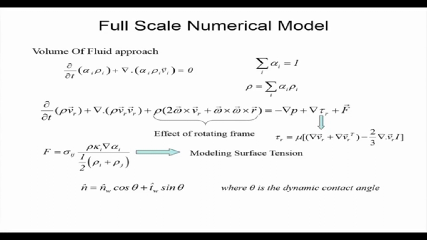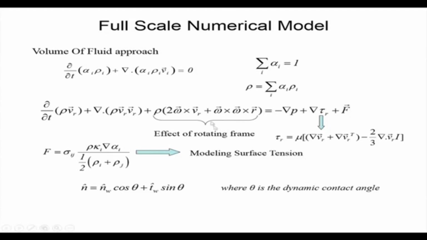Now across the interface there is a surface tension term, so there is a body force term in the momentum equation. You can see that there are two important modifications. One is because of the effect of the rotating reference frame, these two terms come. Because we rotated the CD at a constant omega, the omega dot cross r term is not there. Otherwise there would have been a third extra term, omega dot cross r.